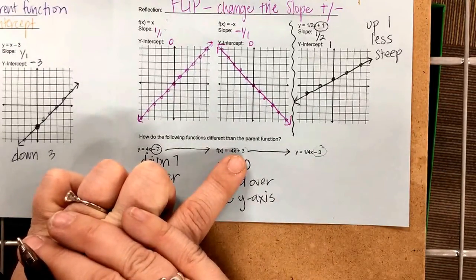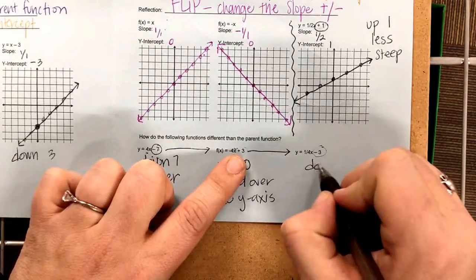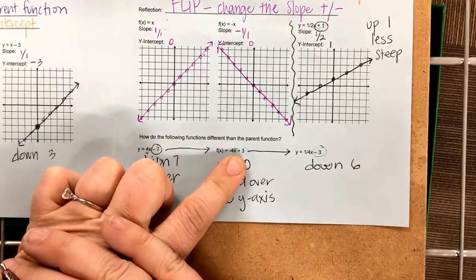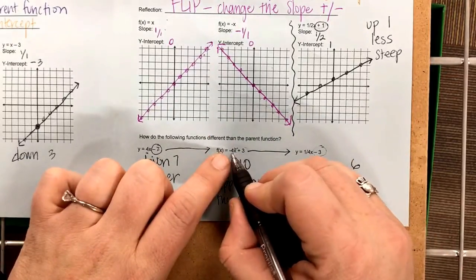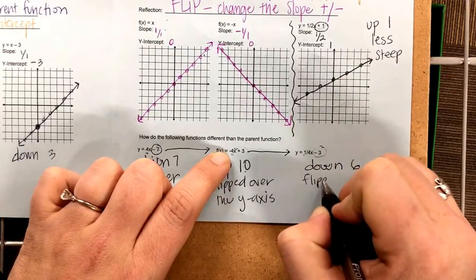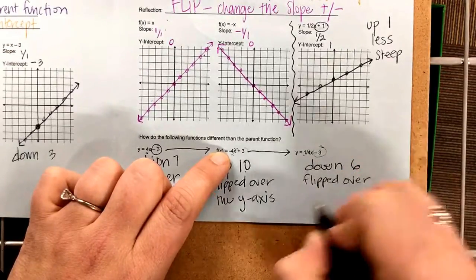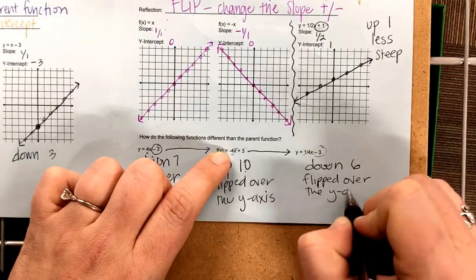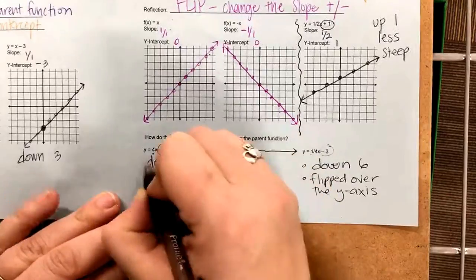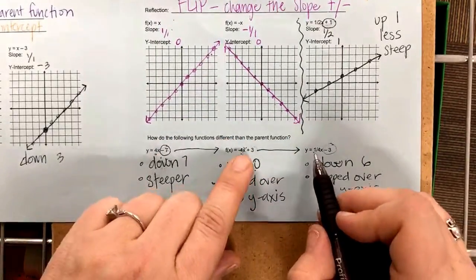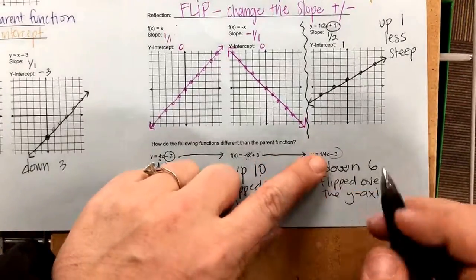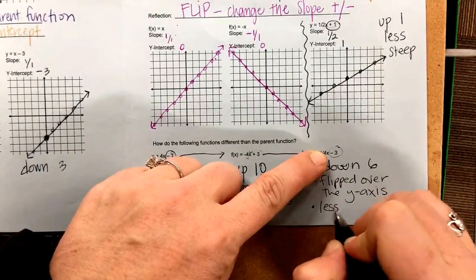How many did it move up or down? It moved down 6. It used to be negative, now it's positive, so it flipped over the y-axis. Now it's positive again. And last change was it changed from 4, which is a really steep slope, to 1/4, which is less steep.